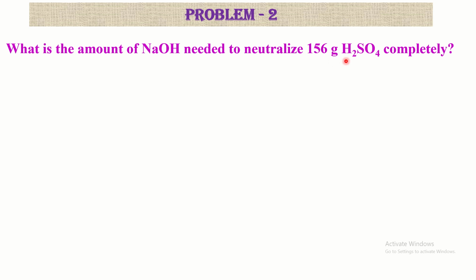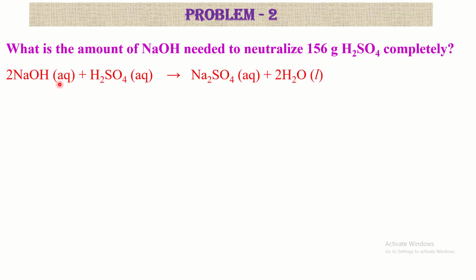Here the amount of sulfuric acid is given. One reactant is given. You have to find out the amount of sodium hydroxide needed to react with 156 gram sulfuric acid. So at first write the reaction. Sodium hydroxide and sulfuric acid react and they produce what? Sodium sulfate and water.